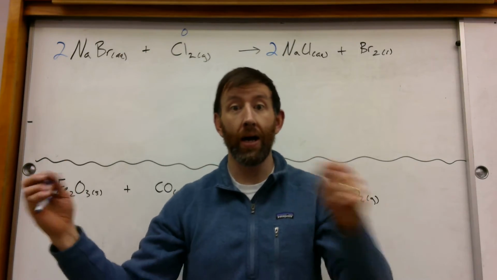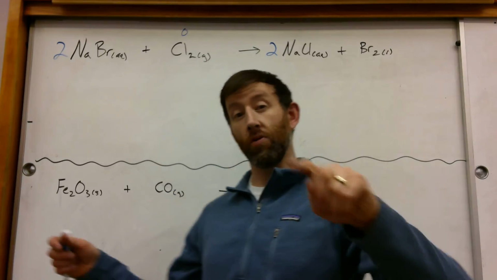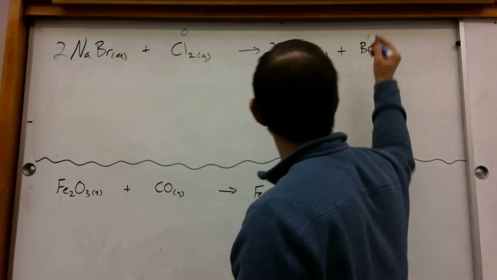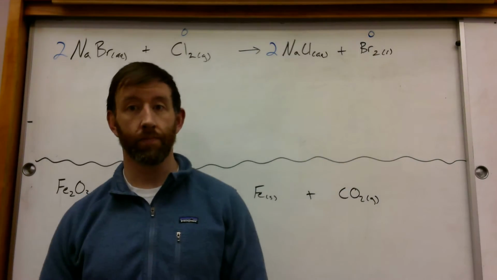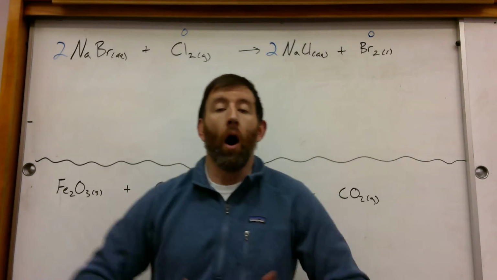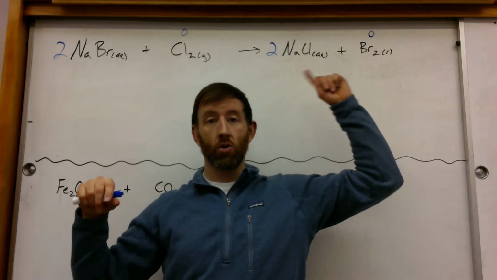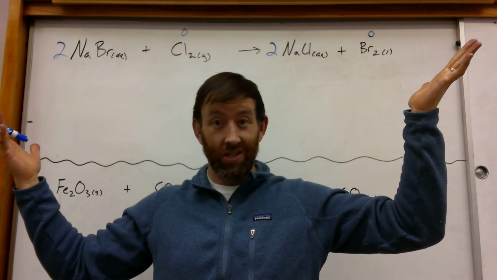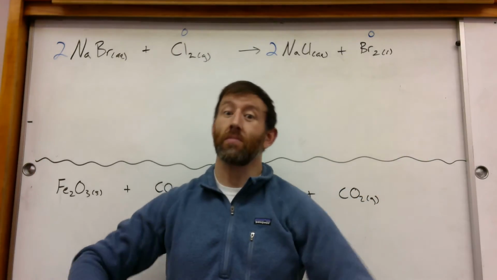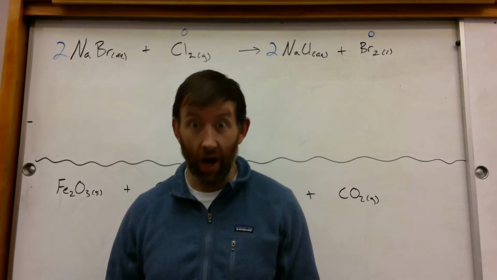On the right side of the equation, bromine, which is actually one of the 2 elements that is a liquid, is also in its elemental form, so that's going to be 0. Now, what I have here are 2 ionic compounds, sodium bromide and sodium chloride. With ions, you just take the charge. If you're this far into chemistry, you ought to know the charge of your ions at this point.